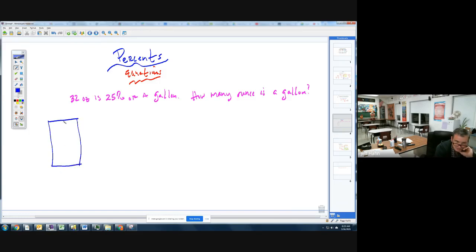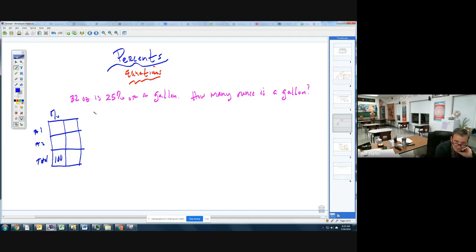Remember when we did percent boxes, this first one was percent, and we're not really comparing anything here. We're splitting something into two parts, part one, part two, and the total. The one thing we always know is that the total percent is always 100%.